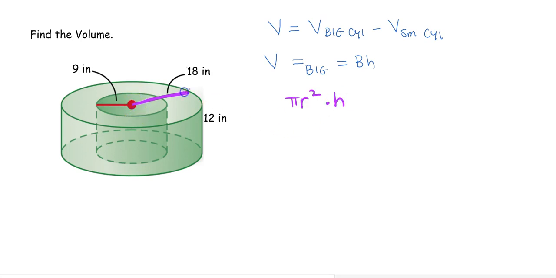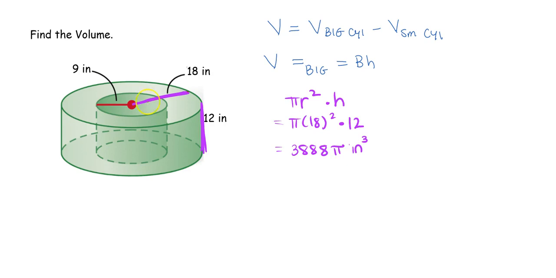Our radius for the big one is 18. The height of this paper towel or toilet paper roll is 12. Just like before, ignore the pi for now. 18 squared times 12 is going to give us 3,888 pi inches cubed. We put that pi back on at the end.